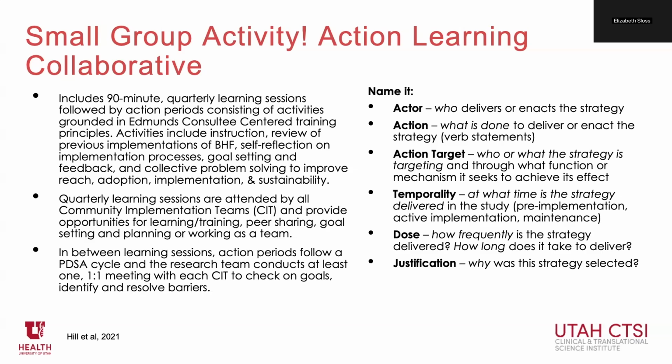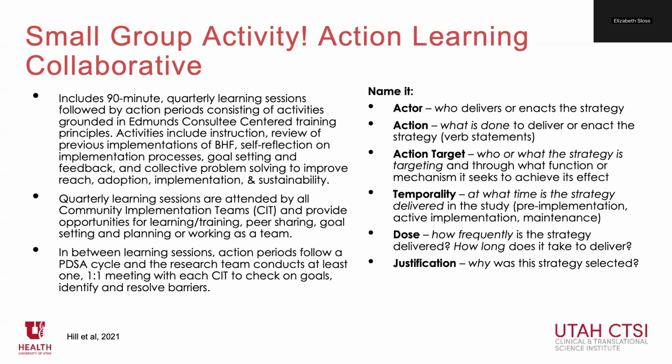This actually touches on a concept that we didn't really talk about, where strategies can sometimes be these bundled or blended things that have multiple actions, sometimes even multiple actors within them. So this might be a strategy that we want to break up a little and identify there are some nested actions within this learning collaborative, right? So can you say for me again the three? Learning, peer sharing, goal setting, and planning.